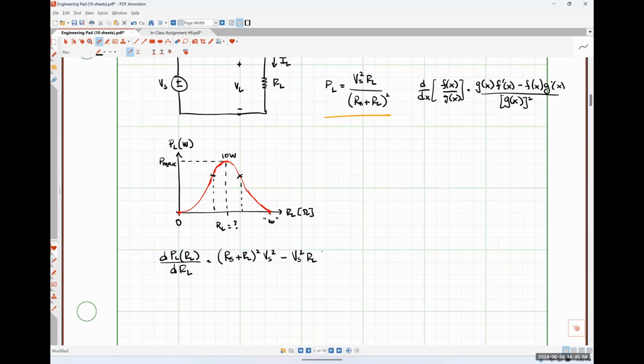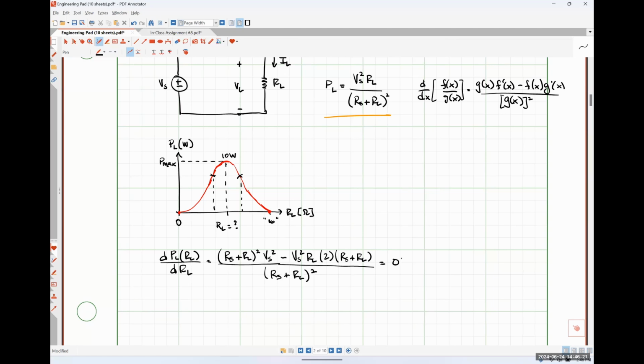And then I need to take the derivative of my denominator, which I believe is going to be twice Rs plus RL from the chain rule. And then I put all of this over Rs plus RL squared.